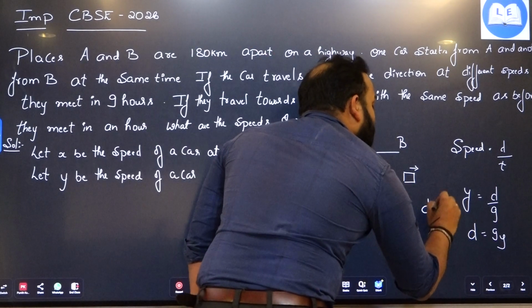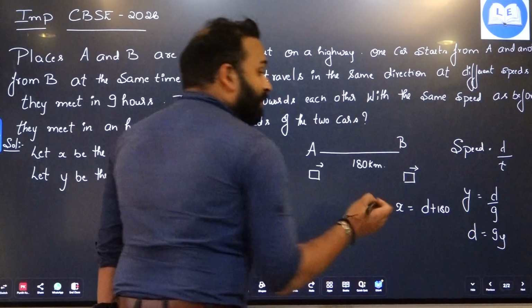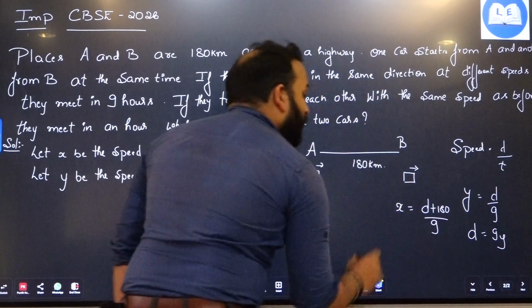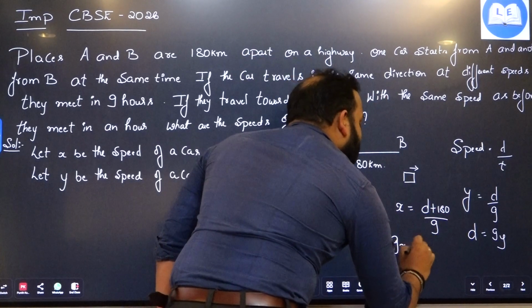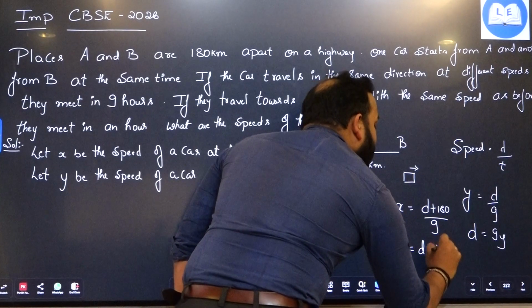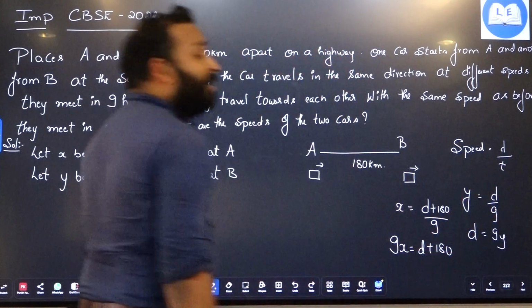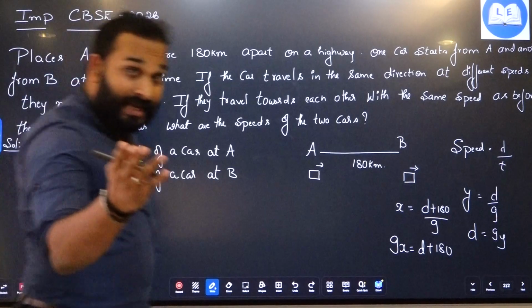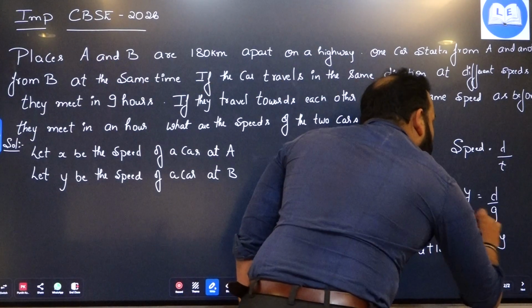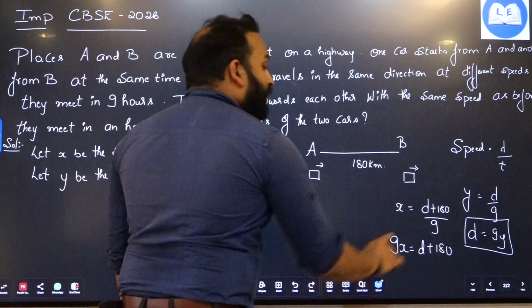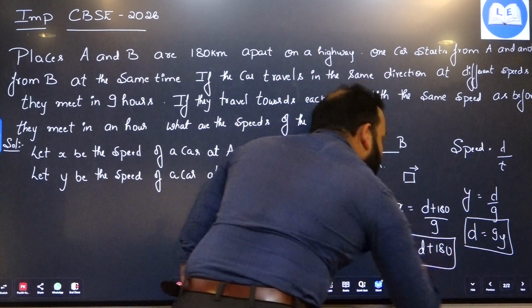That will be d plus 180. Correct? So if you notice here, 9x will be the total distance covered, but that distance is 180 more than the distance covered by the car starting at B. All of you agree? Because here the distance is 9y, here the distance is 9x, which is d plus 180.